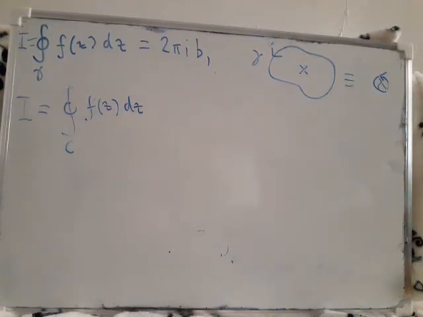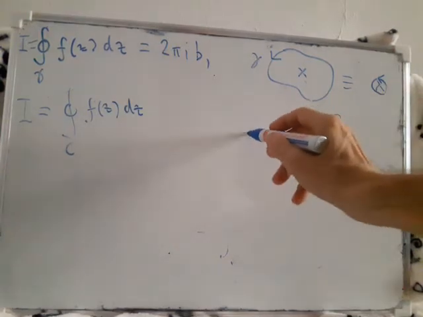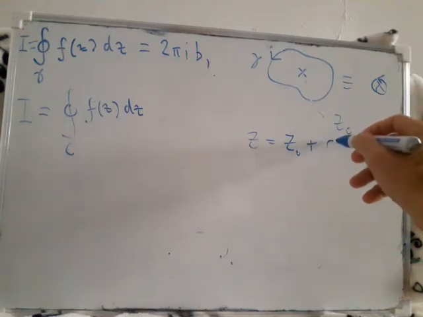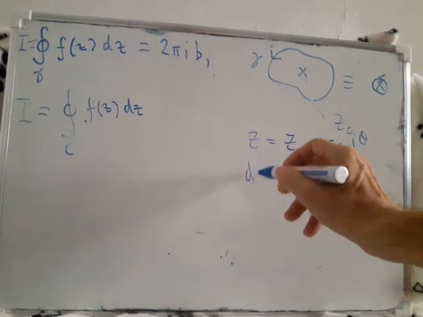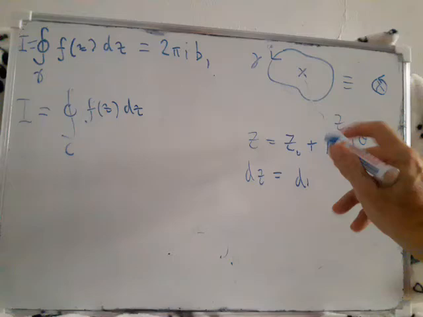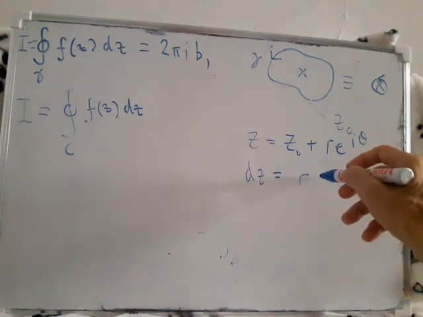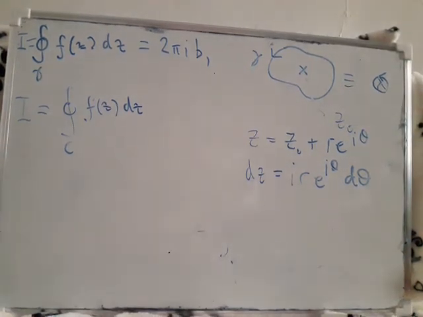Now what I can do is, I'm going to call this z0 now, and I can write z equals z0 plus r e to the i theta, which means that dz is equal to, well, r is not going to change, I'll just have a circle, so r times i times e to the i theta d theta.